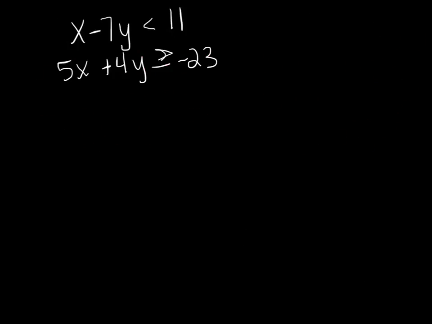So here's another example. x minus 7y is less than 11. 5x plus 4y is greater than or equal to negative 23. So when we're dealing with inequalities, we can't find the entire solution just algebraically, because if you remember, with inequalities, we're shading a section of the graph, and in that section there's a ton of points.